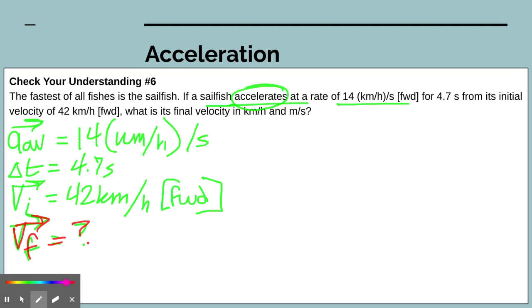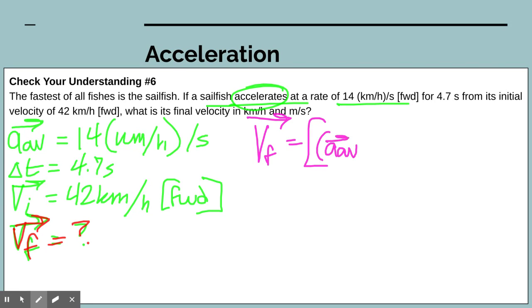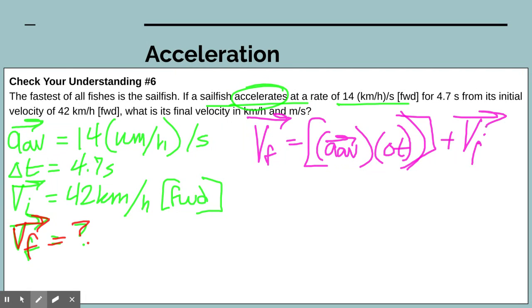Because we've already done this, I'm not going to show you algebraically how to solve for final velocity. But just remember, final velocity is equal to our average acceleration times our time interval, plus our initial velocity.